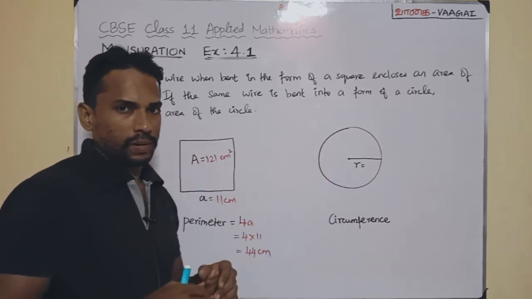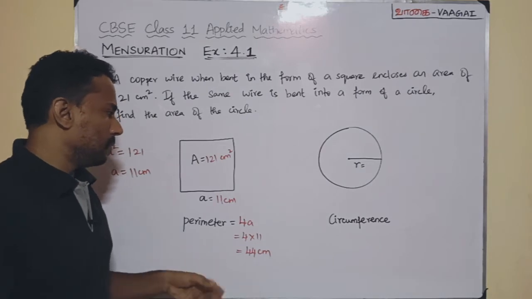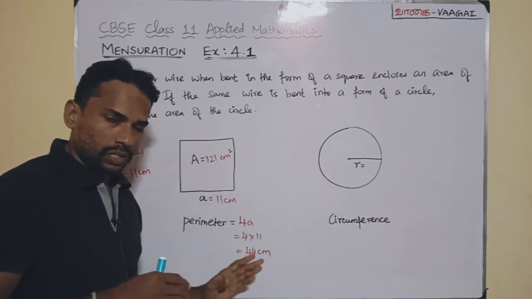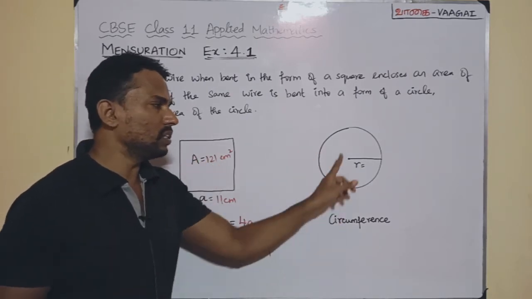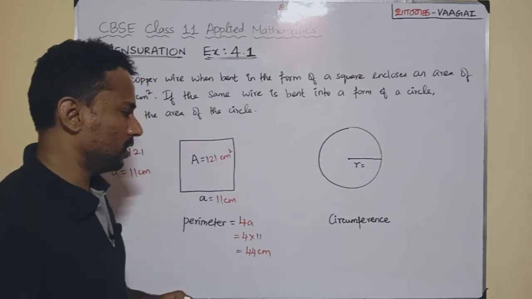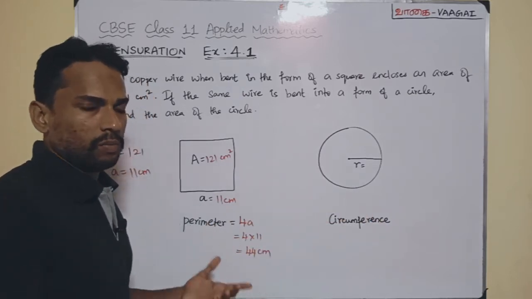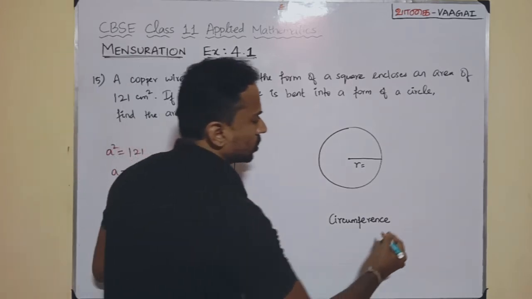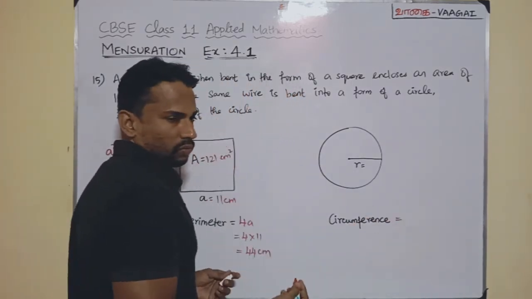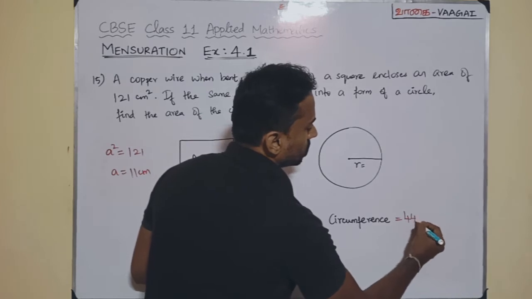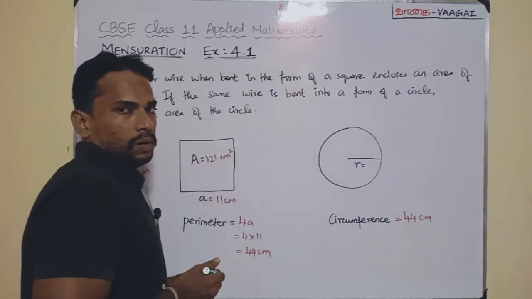So the perimeter of the square is the same as the circumference of the circle. That's what we have to understand. So for the circle also, the circumference is the same, 44 centimeter. Okay, now let's note this. So circumference is 44 centimeter.